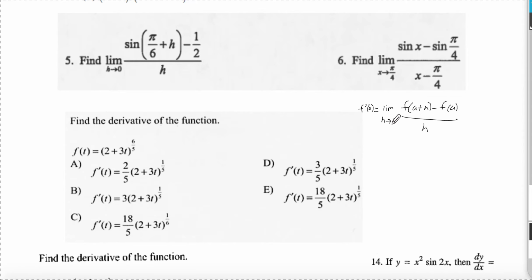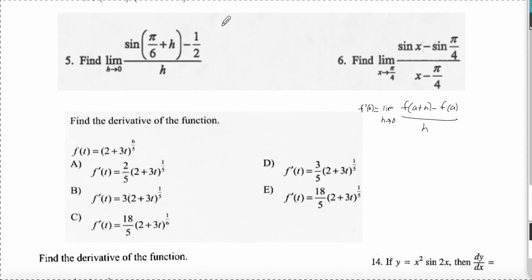So the distance between the 2 points gets smaller and smaller, my 2 points get closer and closer together, so I get the slope of a tangent line. Now, if I see this kind of limit form, it really means the derivative of f at a, the derivative of the function I'm seeing at the a value I'm seeing inside the parentheses near the h.